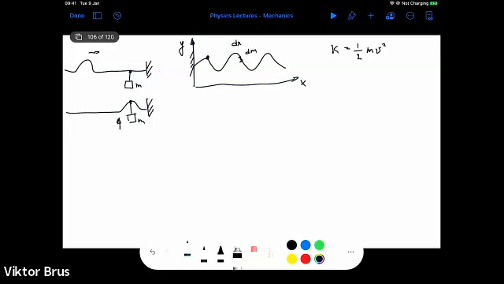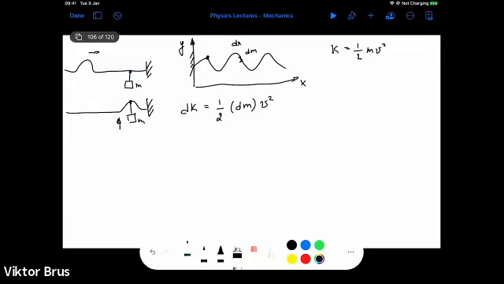So since we have a very small element of the string, we will deal with some dK, a small amount of kinetic energy, equal to 1 over 2 times dm times v squared.